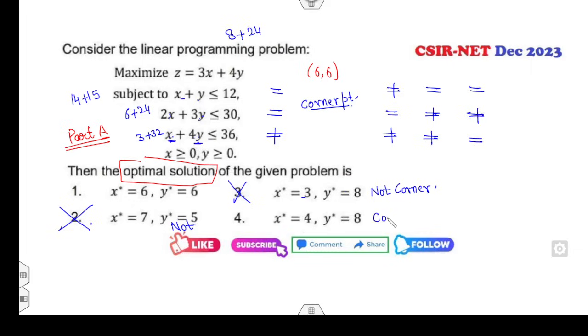So that may be a corner point, but it is not feasible because here the constraint is not satisfied, which is not less than 30. So that option is also cancelled. The only option left, A, is the right answer to the problem.